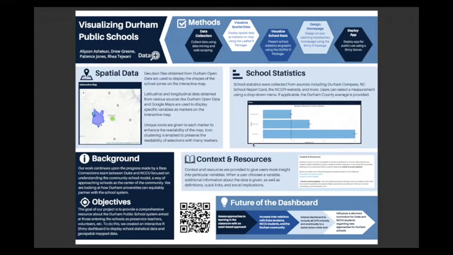We also used NC Report Card to find a lot of data for our school statistics. So that first step of data collection took about 2 weeks, and that was us really just trying to find a lot of information about the resources that were located around the schools, and that included spatial data and then also a lot of information about the schools themselves. So like Ria touched upon, certain statistics like graduation rates, free and reduced lunch, etc.